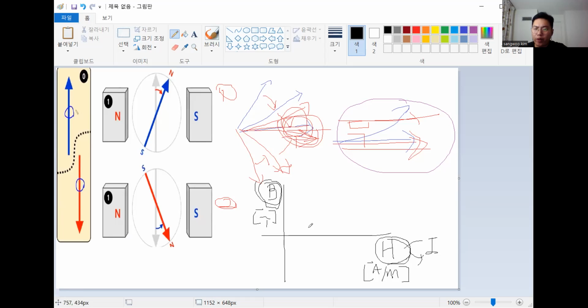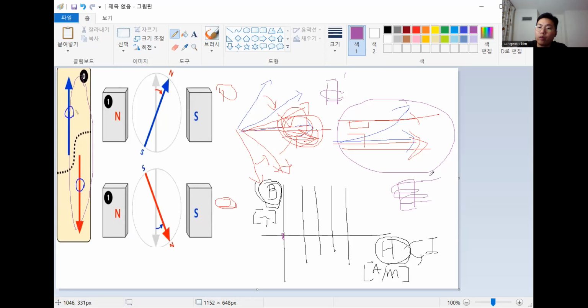At first time, these two values added are 0, right? And when you put the current in here, this is a core, and this is a coil, it has to be moved a little bit.